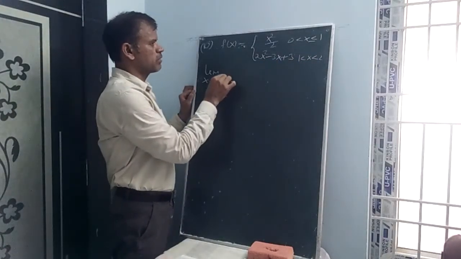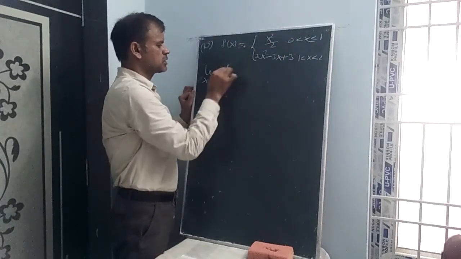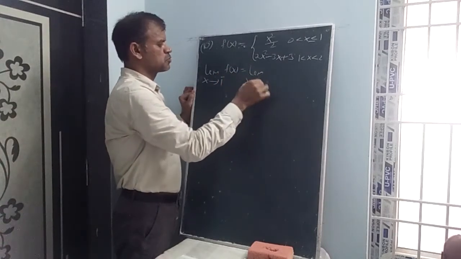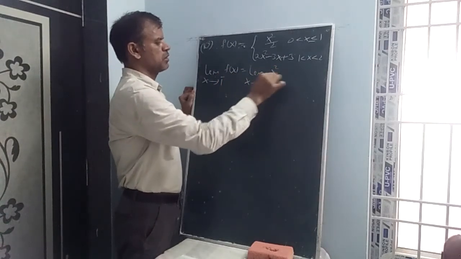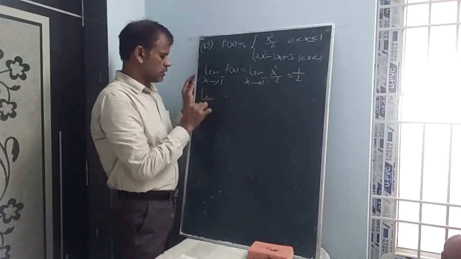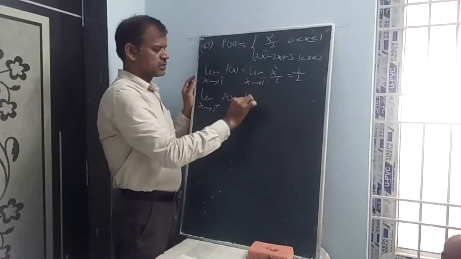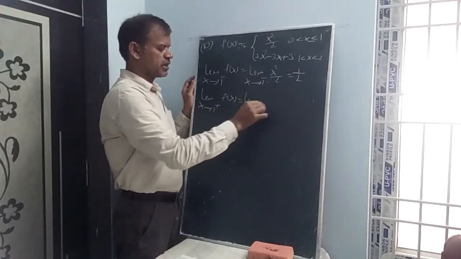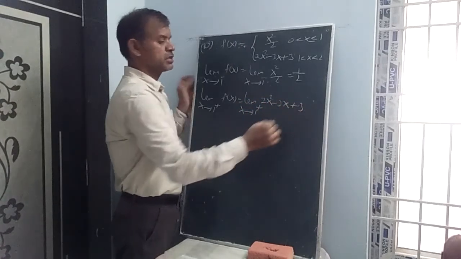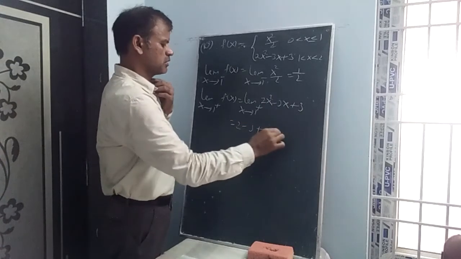Limit x tends to 1 minus, the left neighborhood of 1. Limit x tends to 1 minus f of x is equal to x square by 2, so 1 by 2 is the answer. Now limit x tends to 1 plus f of x is 2x square minus 3x plus 3. Substitute 1 here: 2 minus 3 plus 3, that is only 2.